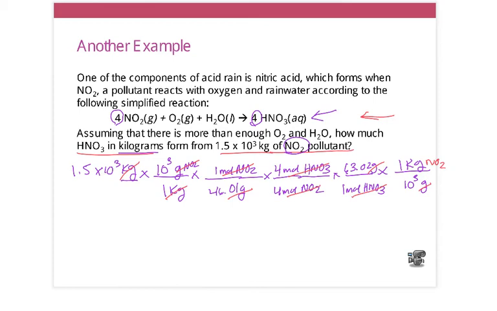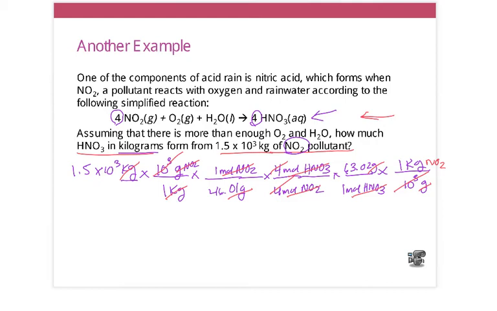Another thing that we can tell is this is a 4-to-4 ratio, so we can just simplify it as a 1-to-1, right? And then we see that we have 1,000 here on the top and 1,000 on the bottom, so we can simplify that too. So all you have to do is plug in 1.5 times 10 to the third times 63.02 divided by 46 in your calculator.